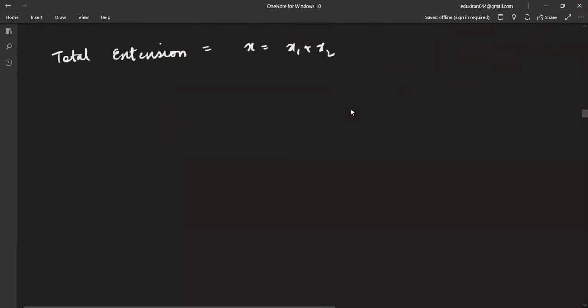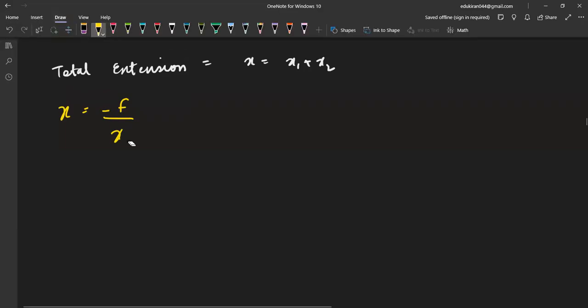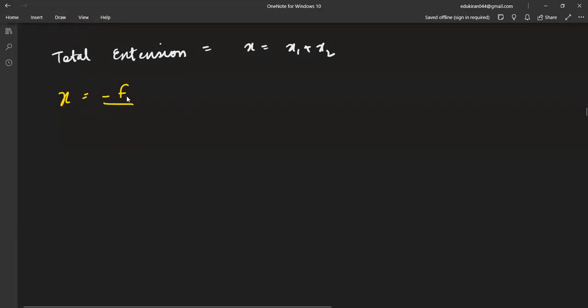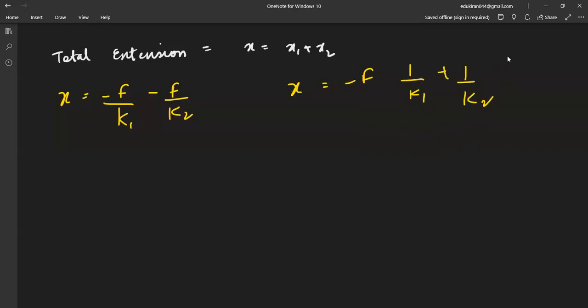So the total extension is different. What will be the total extension? Total extension will be minus F by K1 minus F by K2. So if I take F common, minus F times (1 by K1 plus 1 by K2).